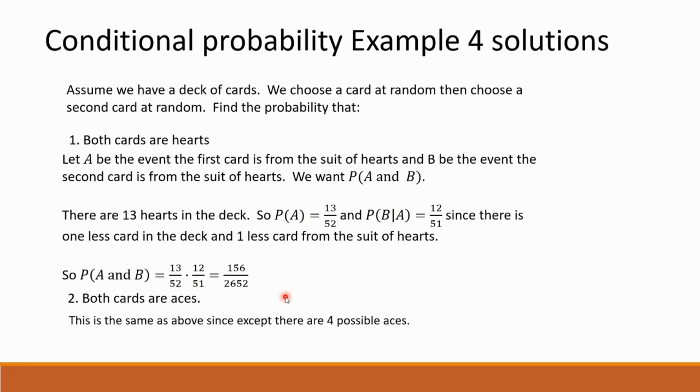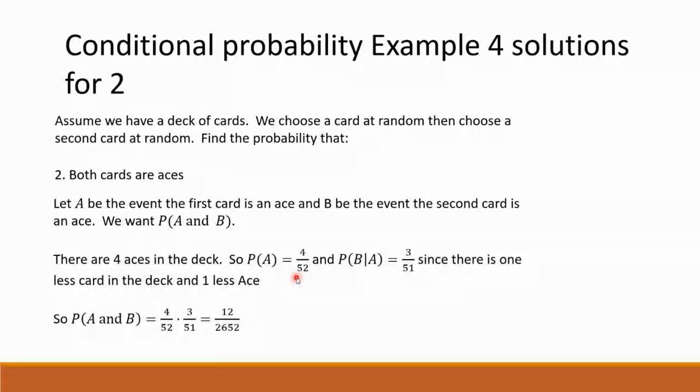Okay, what about the probability that both cards are aces? It's really the same idea, right? The only difference is that there's not 13 aces, there's 4 aces. But the idea is the same. We're going to let A be the event that the first card is an ace. We're going to let B be the event that the second card is an ace.